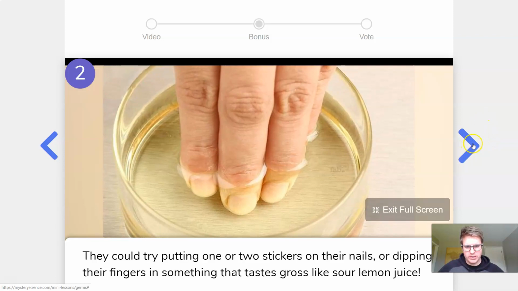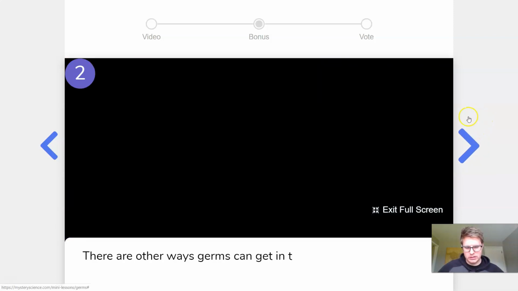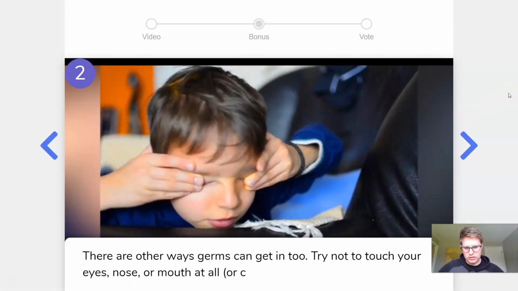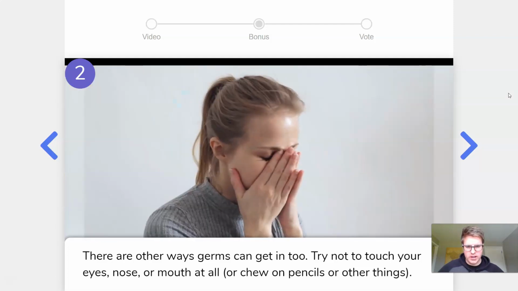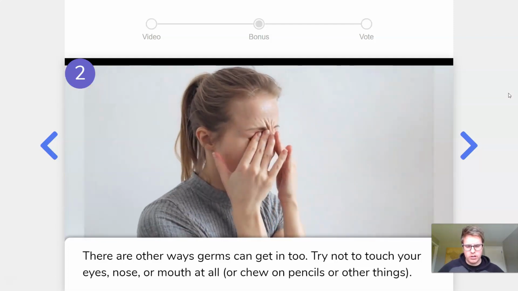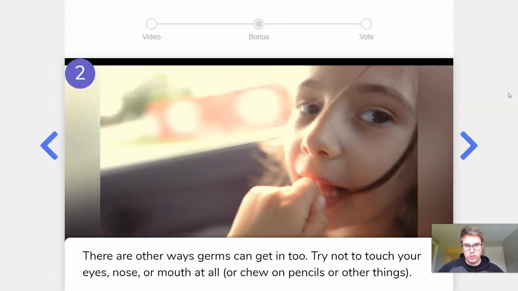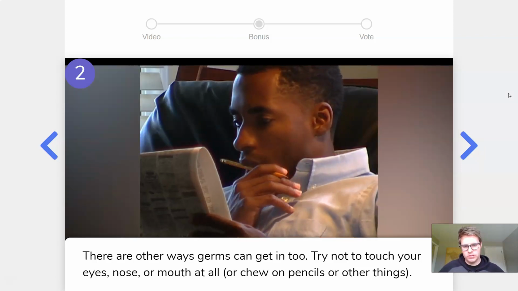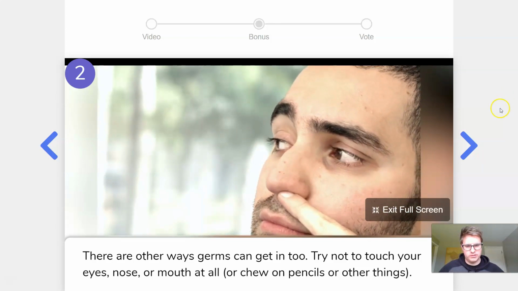I wouldn't recommend doing that every day. Touching your face, like your eyes, your nose, all ways of putting germs into your body. Eating your hair, girls. Picking your nose, boys. Ugh, gross.